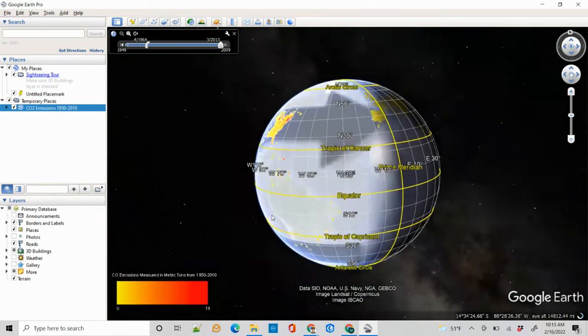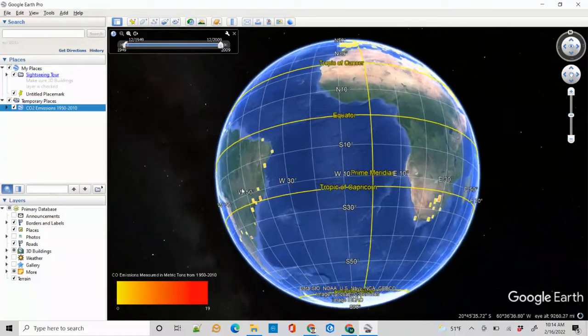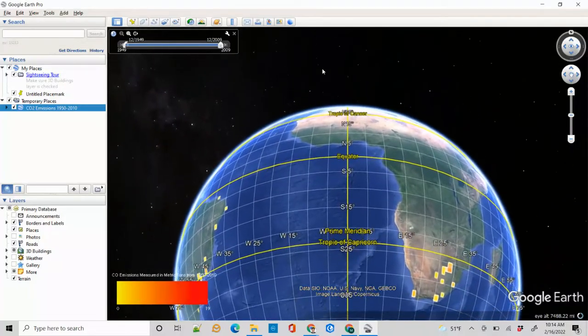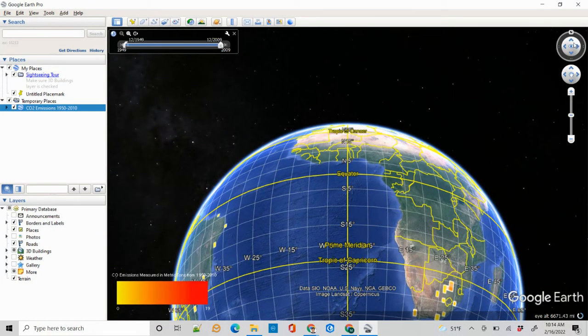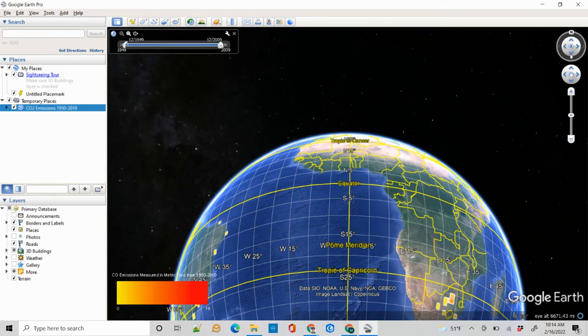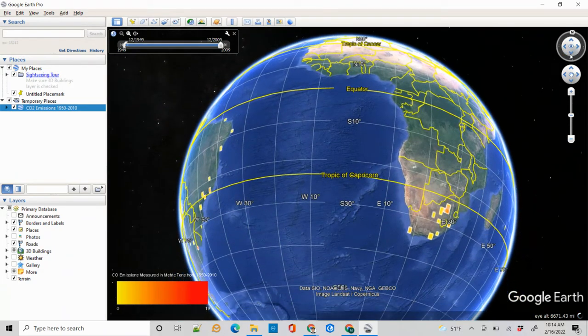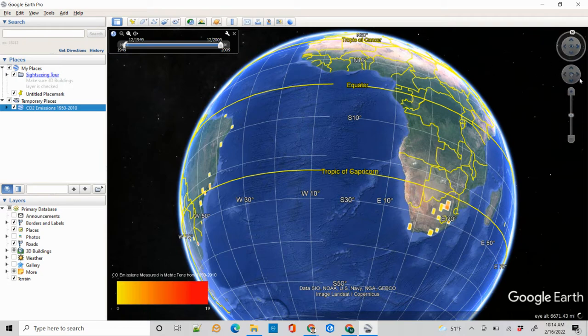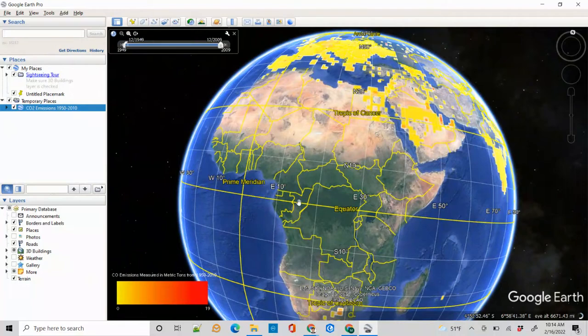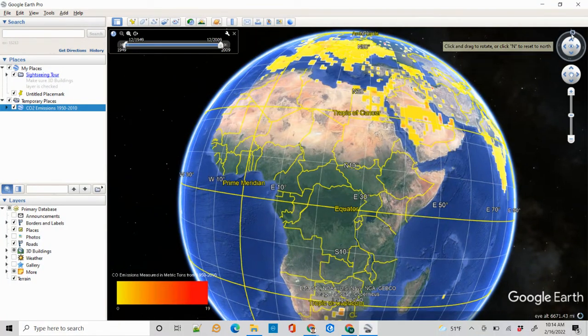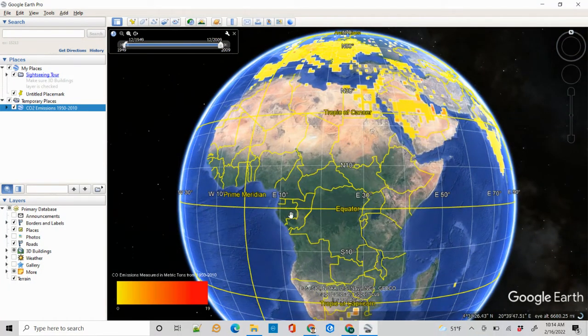Okay, so if you look at it here, you need to adjust the Earth view so that you can see everything on the Earth. You can adjust by clicking in here, and then you can click that and make it straight. You can click in, it will be even straighter.